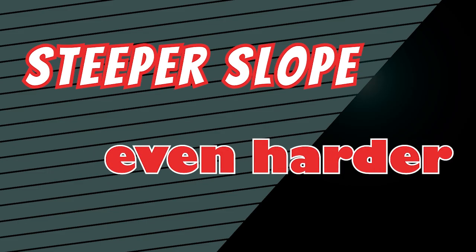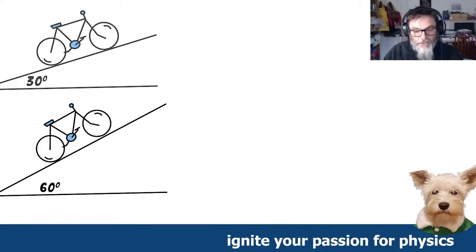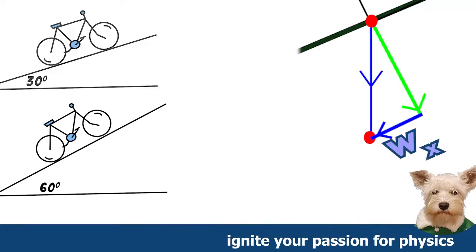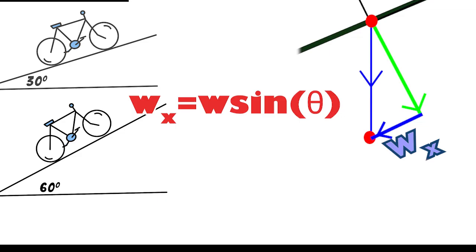So why is it harder when you're going at 60 degrees to go up the hill than it is at 30? And you would say, because it's steeper. And that will get you no marks at all, because what they want you to say is, coming back to this, WX is equal to your weight times sine 30 degrees.